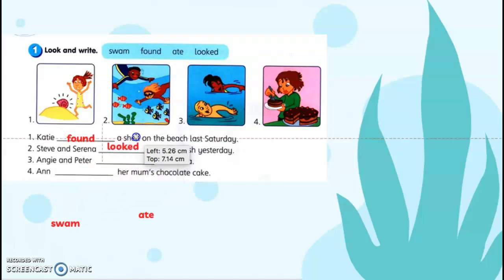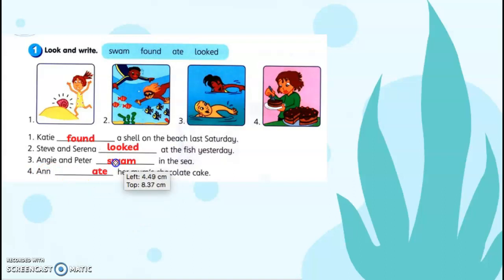So they looked at the fish yesterday. Angie and Peter swam in the sea. And the last one, Ann ate her mom's favorite chocolate cake. Okay. Alright, so these words are all in past tense. Alright, move on to the next one.